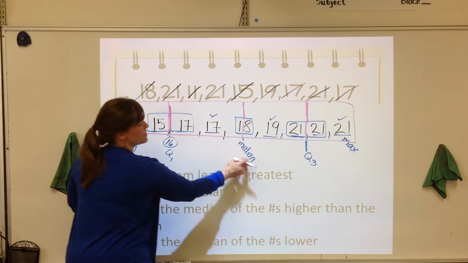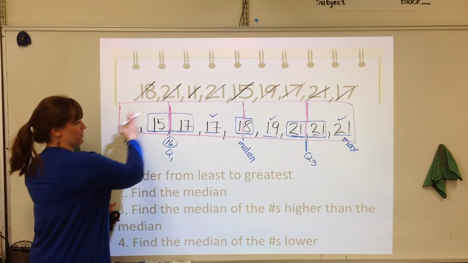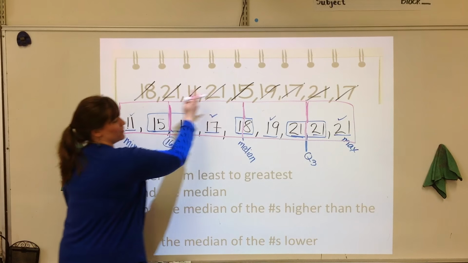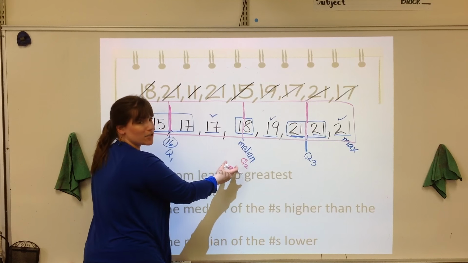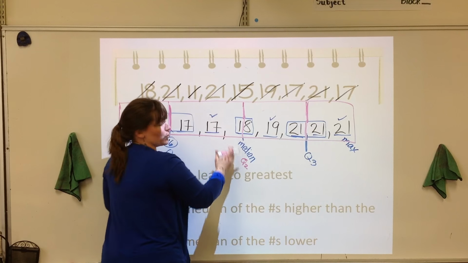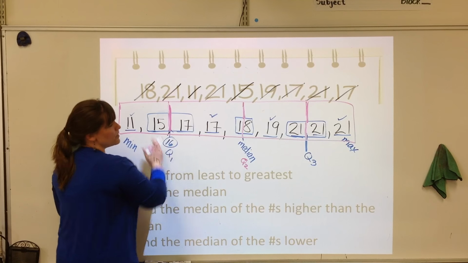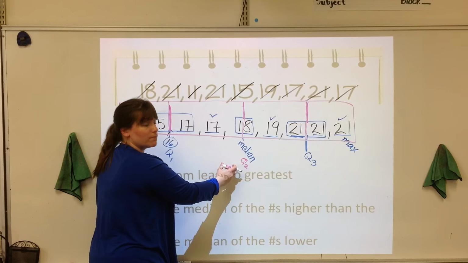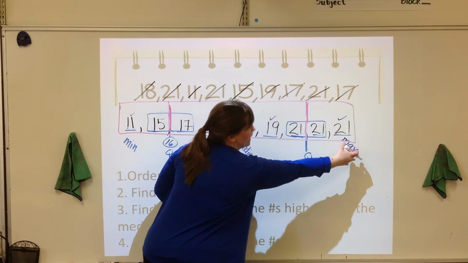These Q1, the median, and Q3 are the end of each box. So this is the first box, here's the end of it. Here's the second box, we're going to actually call this Q2, so the median is also Q2. Q stands for quartile, so the first quartile ends at 16, the second quartile ends at 18, the third quartile ends at 21, and then we have the last one.